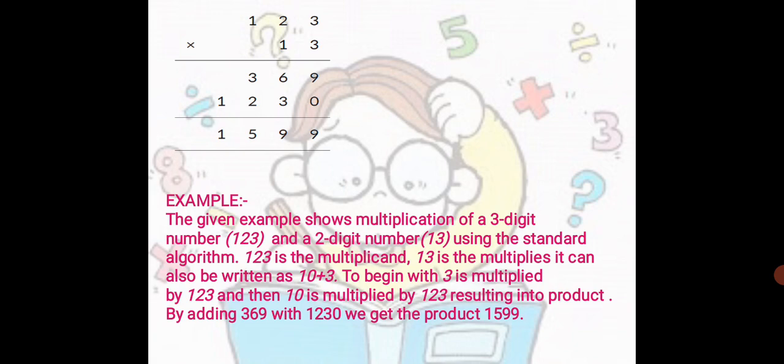Next, when we multiplied 10 with 123, we got the product 1230. By adding these two numbers, that means by adding 369 with 1230, we will get the resultant product, that is 1599.